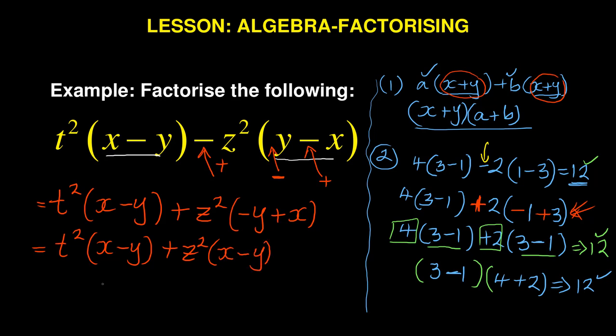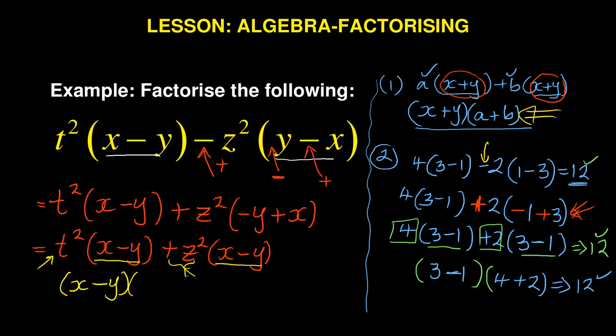Why am I doing that? Look now inside the brackets, I've got x minus y and x minus y, which is the reason why I was trying to match it to the first example: when you've got similar brackets, you can write your final answer as x minus y, and then outside the brackets, I've got that part and this part with the sign.